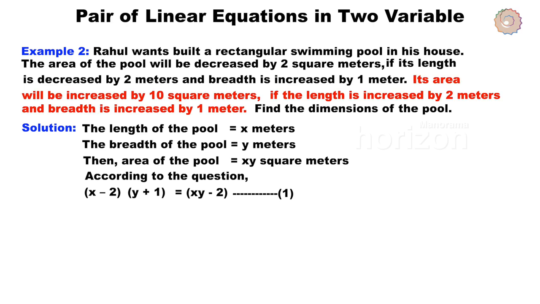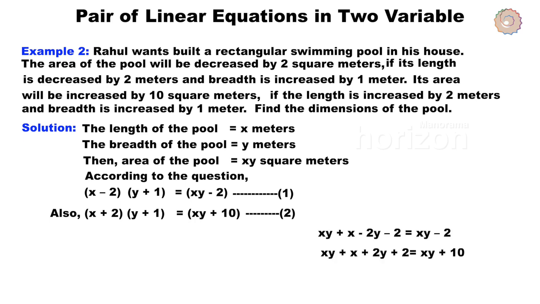The next information is that the area will be increased by 10 square meters if the length is increased by 2 meters and the breadth is increased by 1 meter. The corresponding equation formed will be x plus 2 into y plus 1 equals xy plus 10. Let's consider this as equation 2. Multiplying out in equations 1 and 2 and cancelling the like terms, we get x minus 2y equal to 0 and x plus 2y equal to 8.